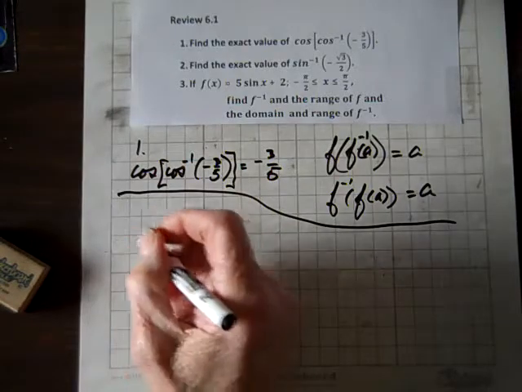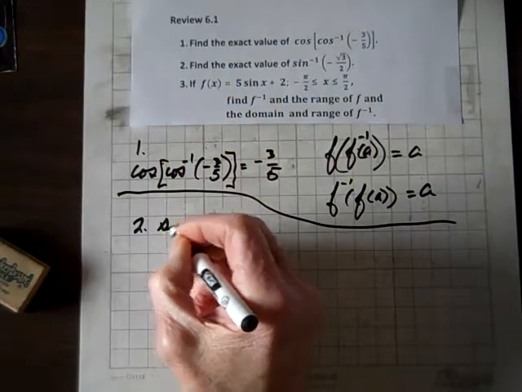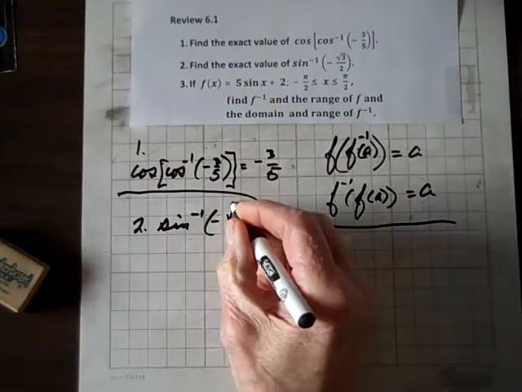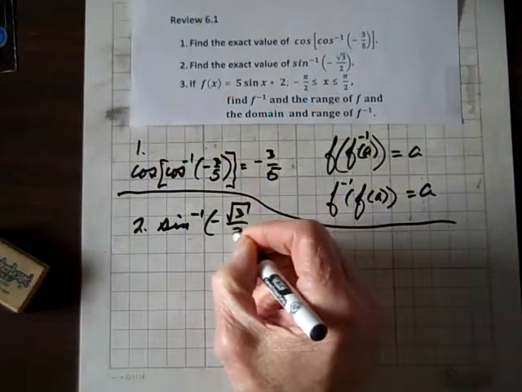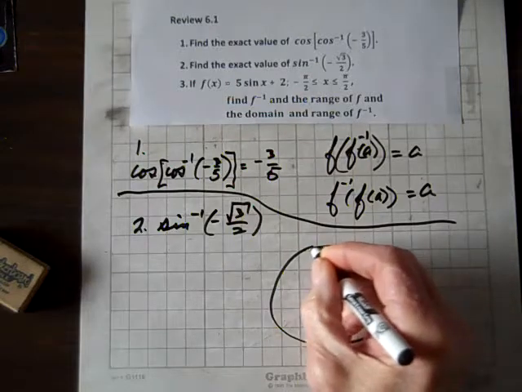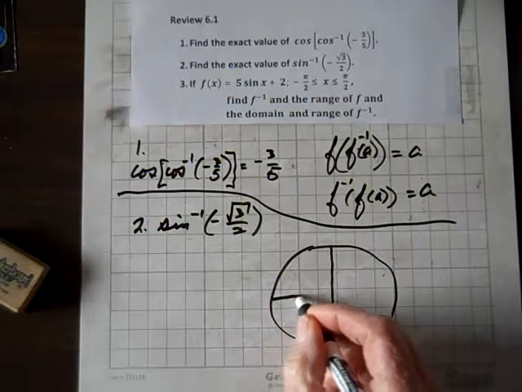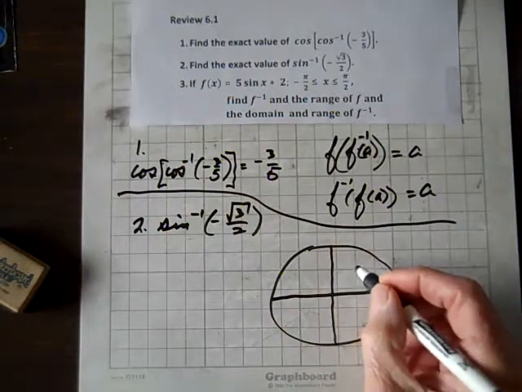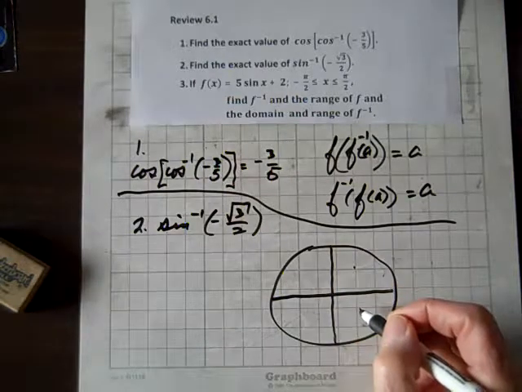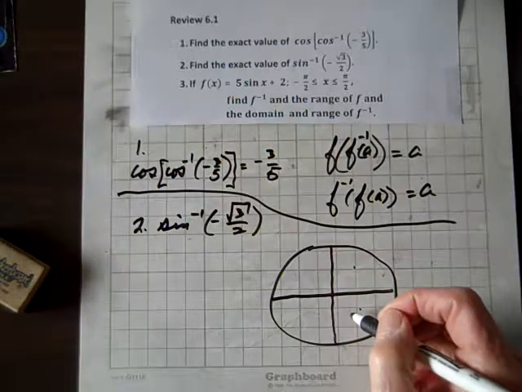Find the exact value. Number two, we've got to find the exact value of the inverse sine of -√3/2. Well, for the inverse sine function, the range of that is the first and fourth quadrants. Excuse me, it's defined for the first and fourth quadrants.